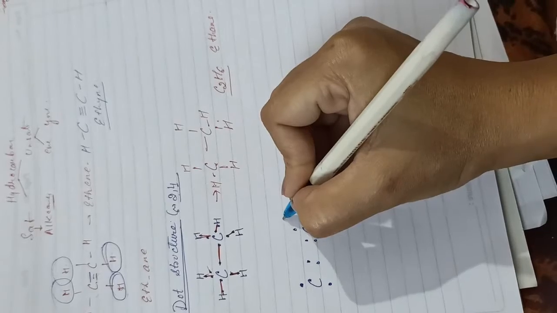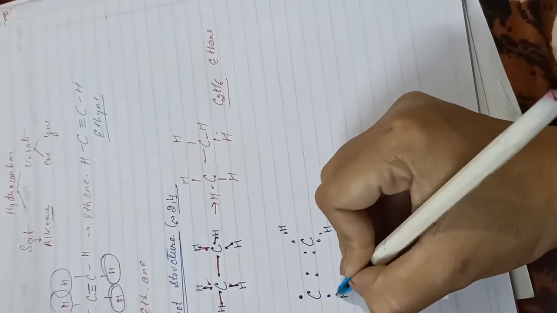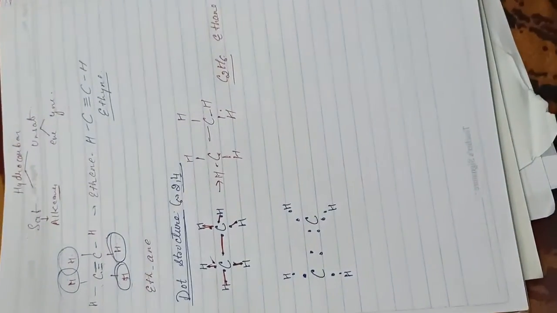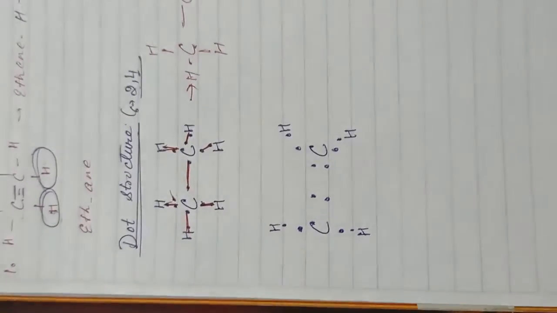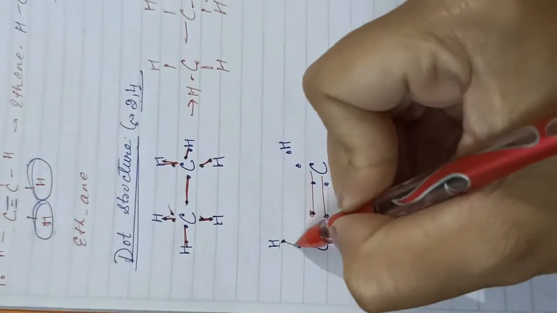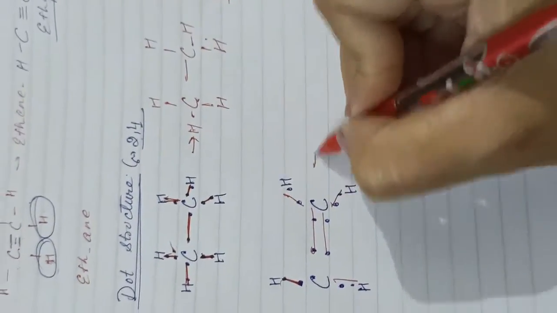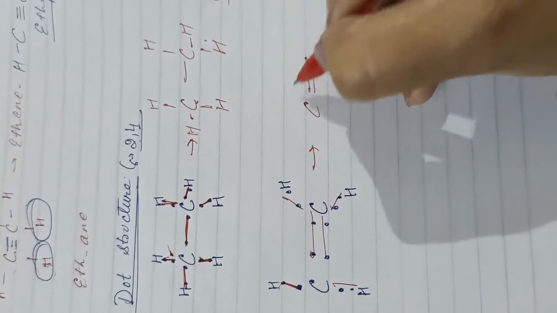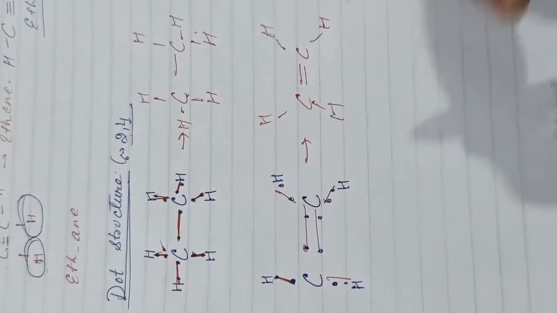Hydrogen will also be there: hydrogen here, hydrogen here. Now, we know that here we are making a double bond. So use your mind about how to put the dots so that it does not create a problem. For the double bond, we add this and this. So we can write like this: C double bond C, with H on this side and H and H.